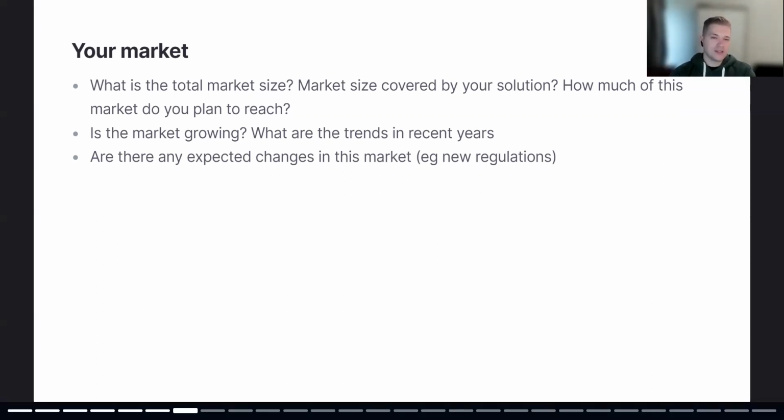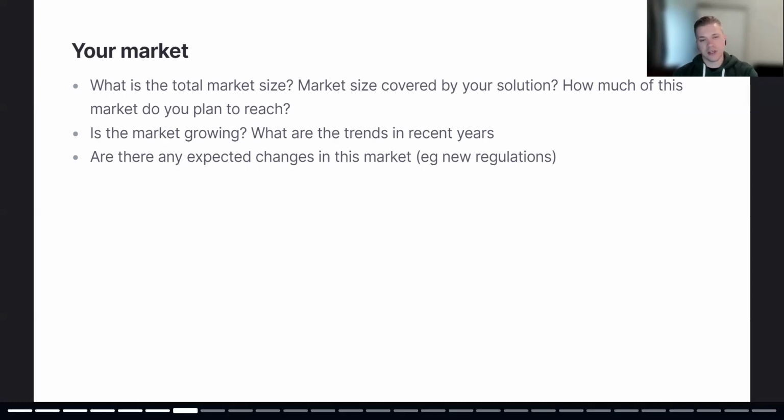So one is these numbers, but more importantly, you also have to find some kind of statistics about what's happening in the market in recent years. Is the market growing? Especially if you pitch to investors, nobody would want to invest in a company which is working in a market that is not growing, or is maybe even getting smaller by every year.